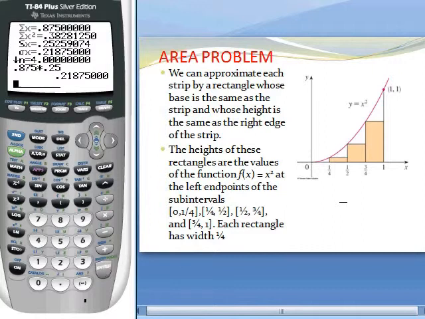That is the area that I am looking for. So I did the same kind of approximation, but this time I took the left-hand values. So I got 0.21875 as the sum of the areas.